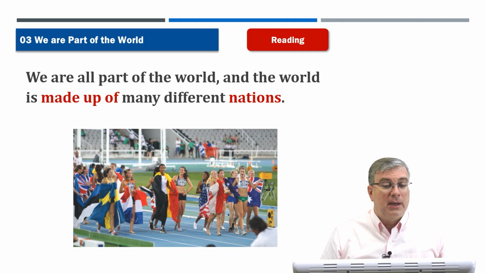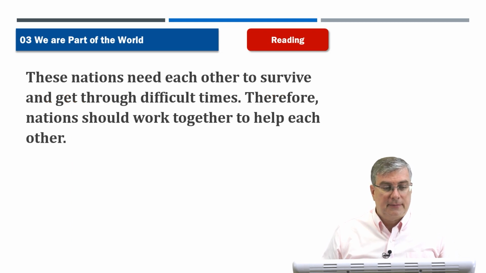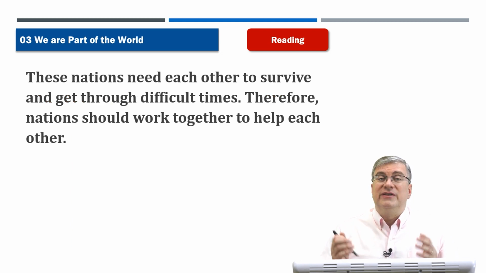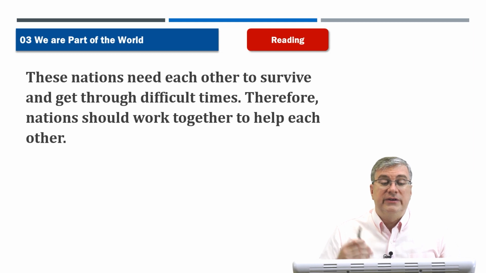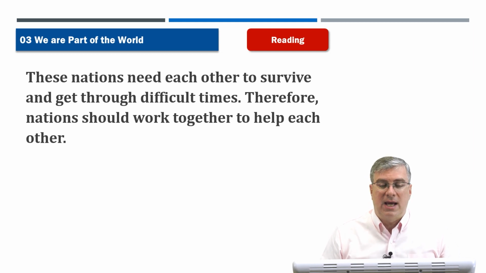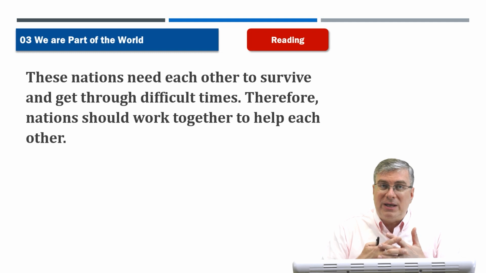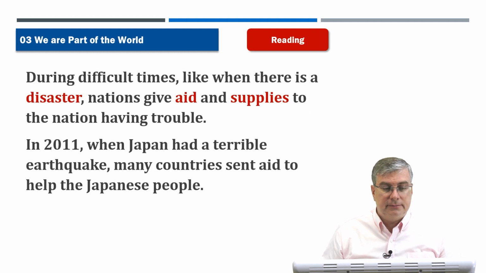Here we go. We are all part of the world, and the world is made up of many different nations. These nations need each other to survive and get through difficult times. Therefore, nations should work together to help each other.